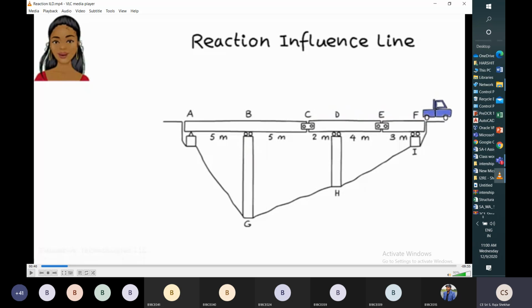So this is the variation of reaction in BG when the unit point load is moving from A to F. Once again, we'll see, if you observe carefully.